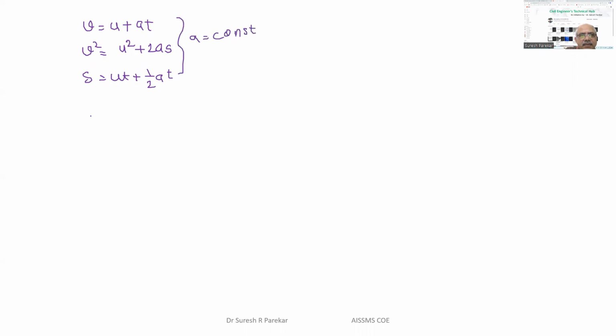Then if a is variable, a equal to 5t square minus 6t, then this is variable. And in this case, we have to go for derivatives or integration depending upon the given data.